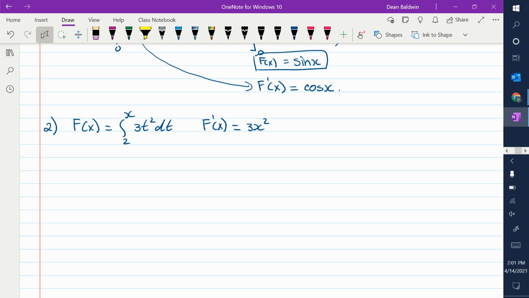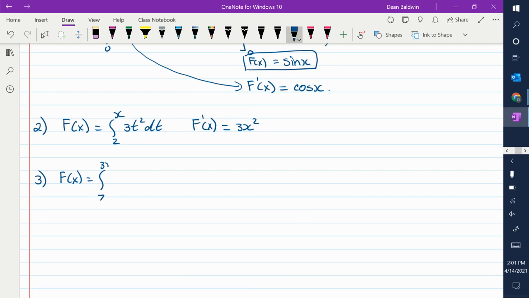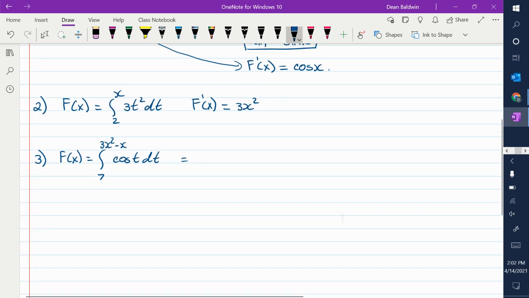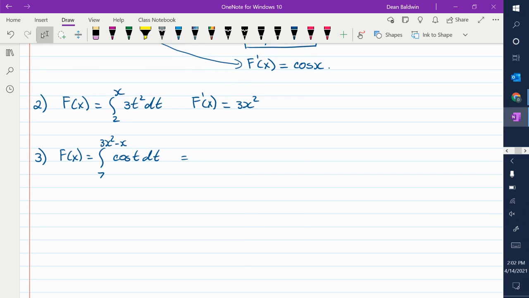All right? If it's not x, so if it looks like this, I don't know, 7 to 3x squared minus x, we'll do cosine again. We'll do it the long way, and then you'll see the shortcut, okay? Cos t dt.